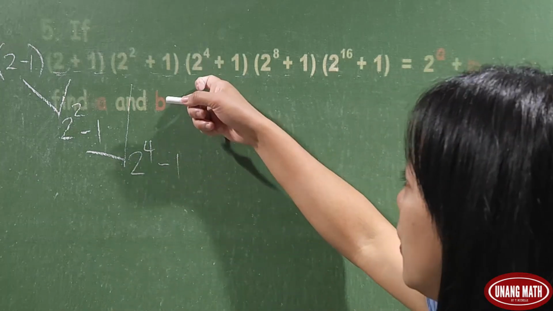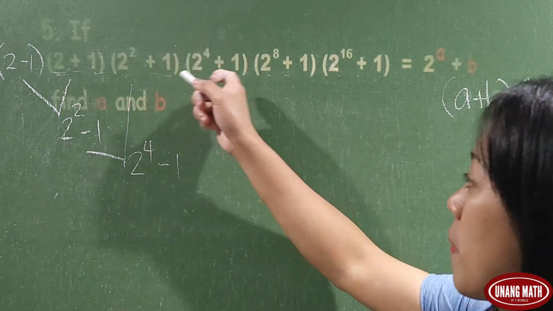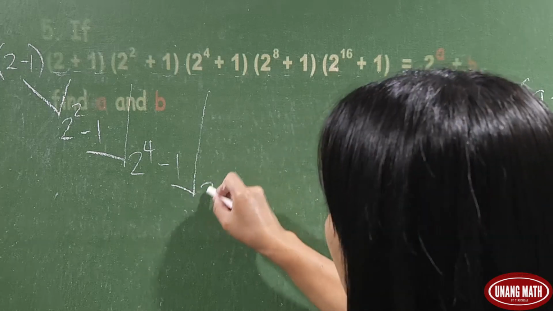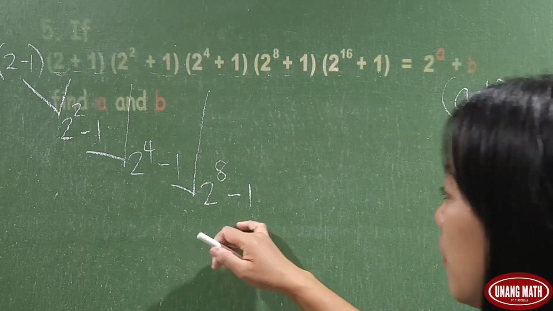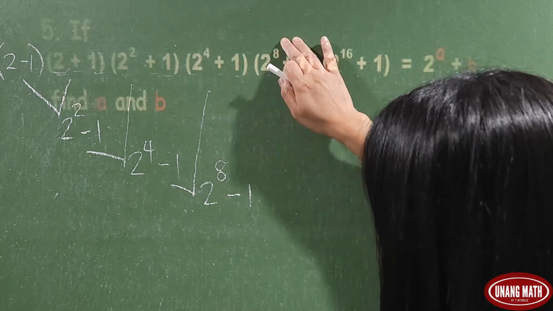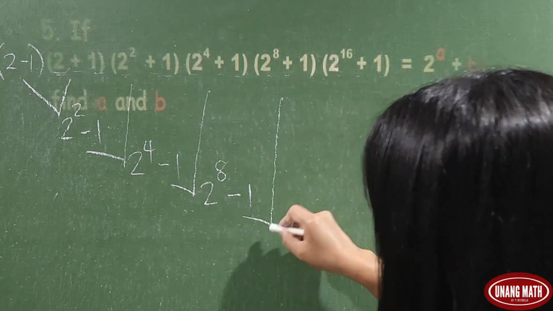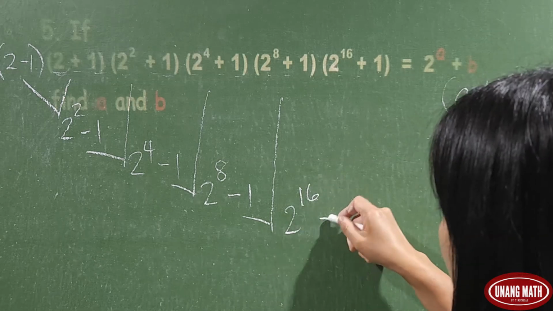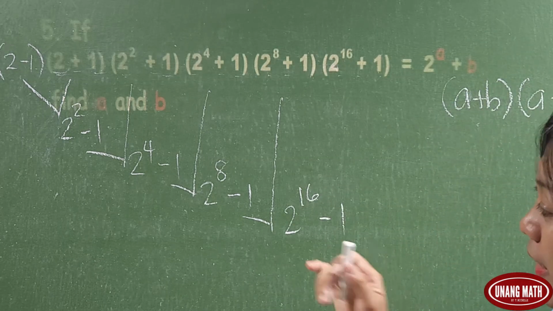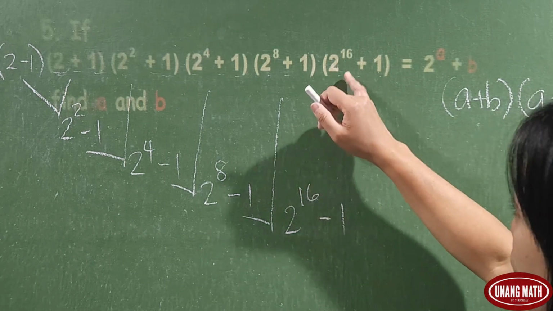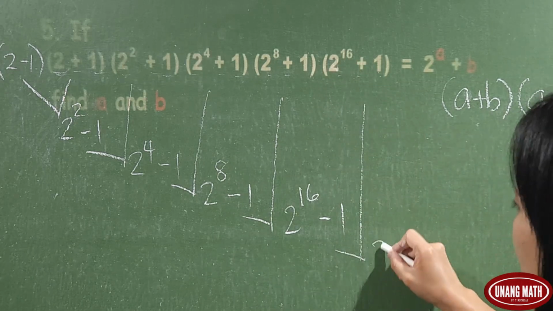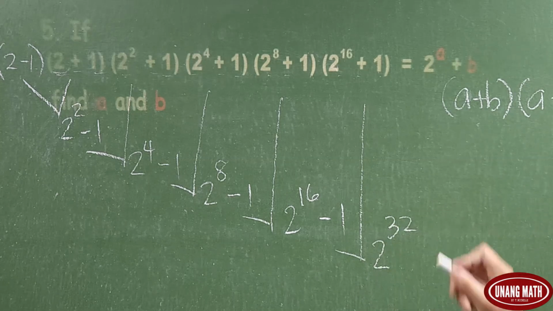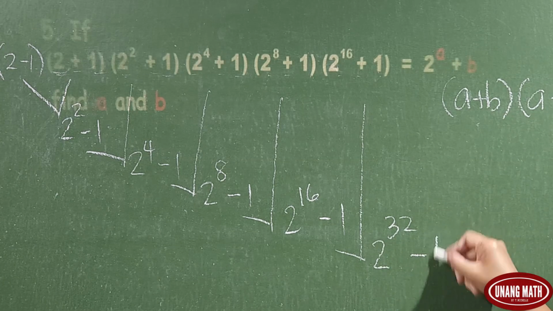This expression times 2 raised to the power of 4 plus 1, then we will get 2 raised to the power of 8 minus 1. Multiply this expression by 2 raised to the power of 8 plus 1, then this is 2 raised to the power of 16 minus 1. And finally, this expression times 2 raised to the power of 16 plus 1, then we will get 2 raised to the power of 32 minus 1.